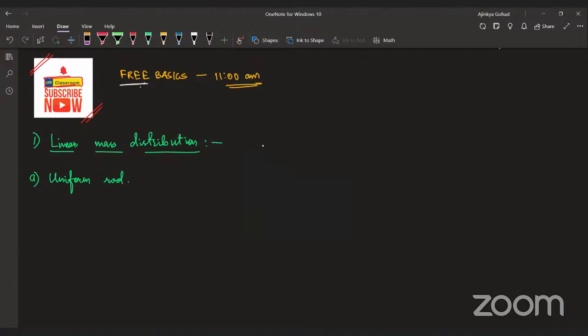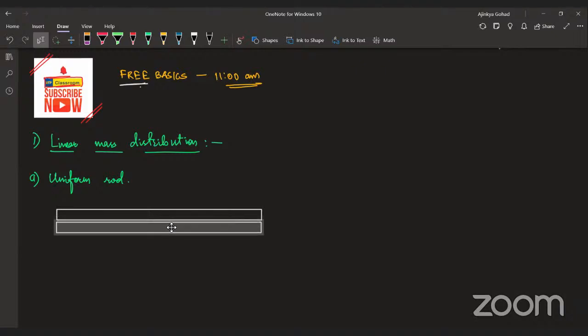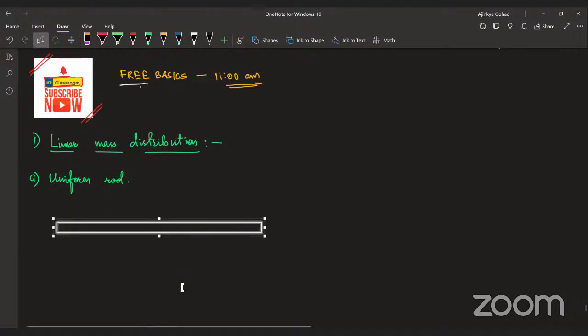So we do know that the center of mass for a uniform rod will be at its center. But I just want to calculate it. Let's see if we can do that using the method of continuous mass distribution.